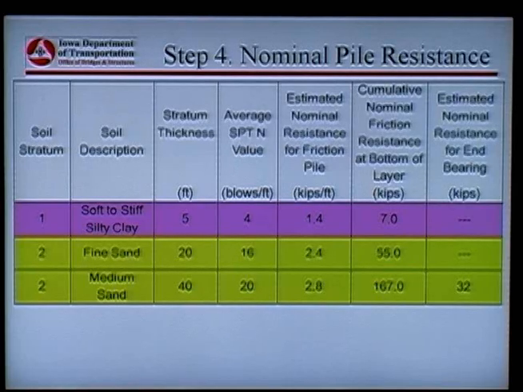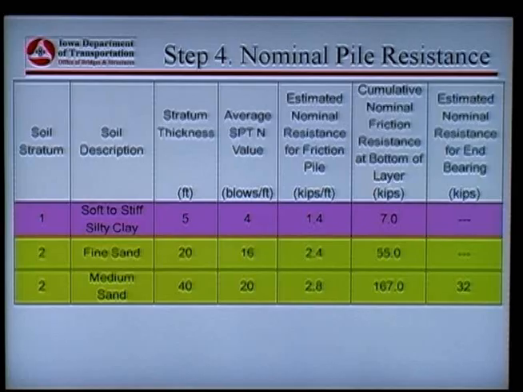And the cumulative for the first layer, the friction resistance at the bottom of layer 1, is basically taking this 1.4 unit friction, multiplied with the thickness 5, and that gives you 7 kips of friction for layer number 1. Following?